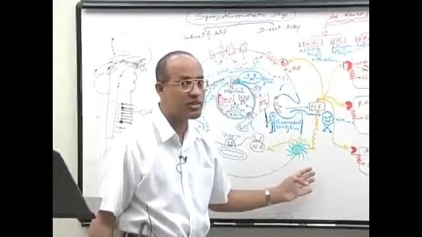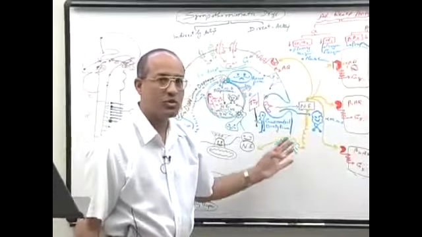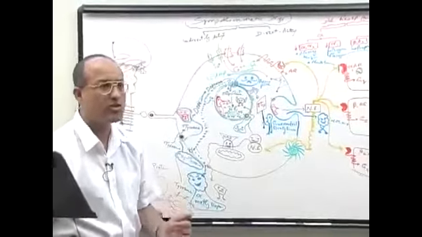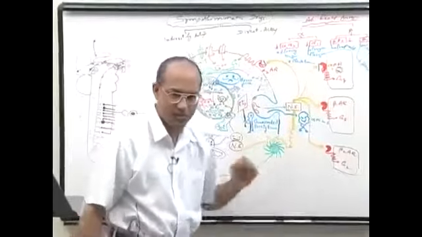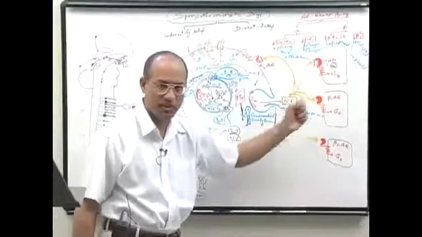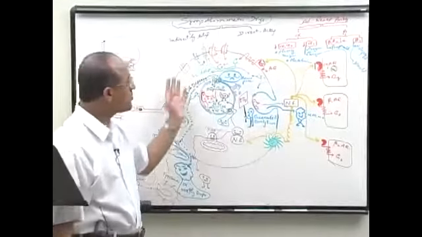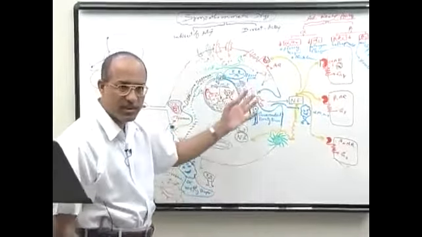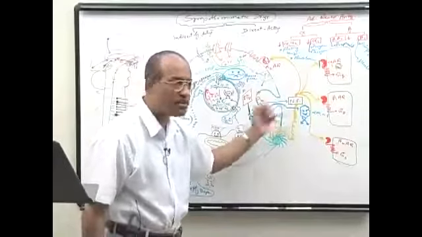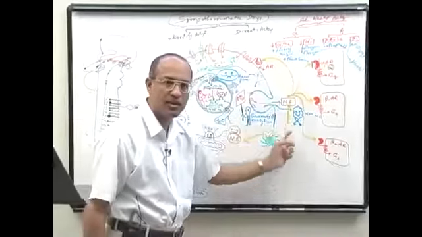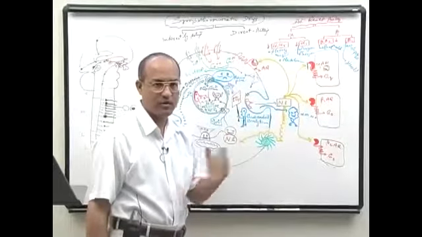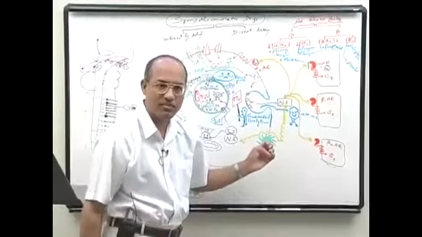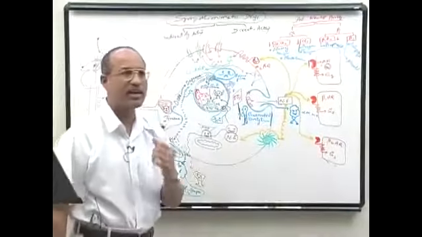I will explain what these drugs are and how they work. Indirectly acting sympathomimetic drugs do not work directly on the receptor on the postsynaptic surface. They work on the sympathetic nerve ending and alter some function there to release or keep more norepinephrine, the neurotransmitter, in the synaptic cleft. And of course, when there is more neurotransmitter, it will act on the receptor with more intensity. So such drugs are called indirectly acting drugs.